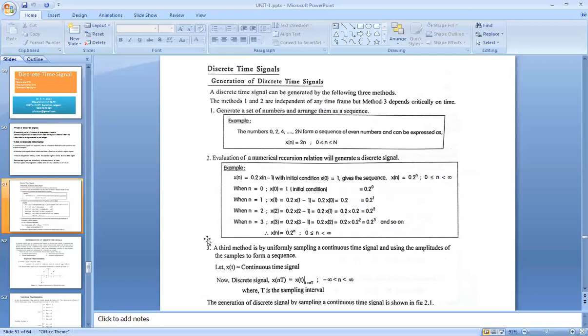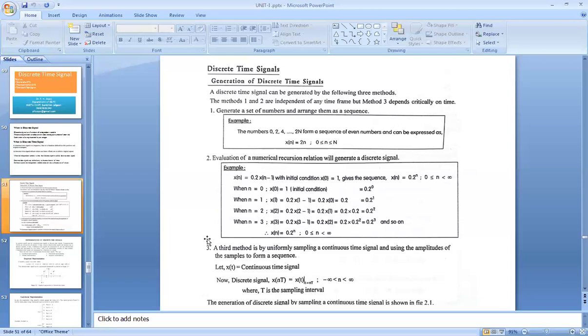Third method is by uniform sampling a continuous time signal and using the amplitude of samples to form a sequence. So let x of t be a continuous time signal. Now when we represent it as a discrete time signal, we will write it as x of n or x of nT.